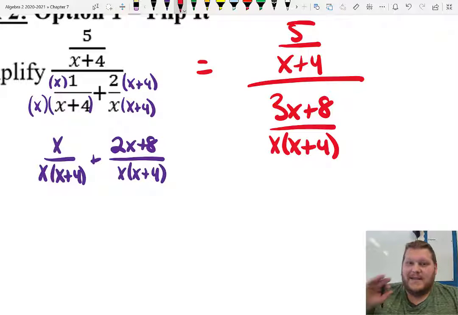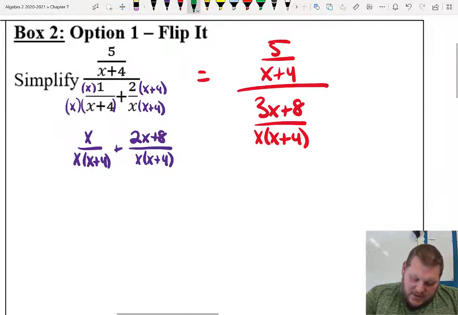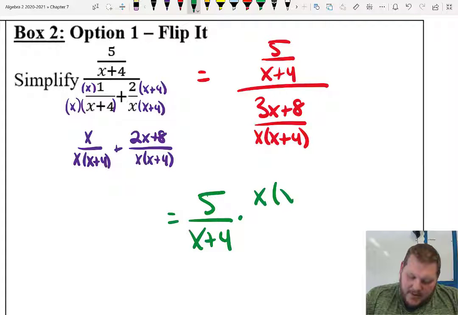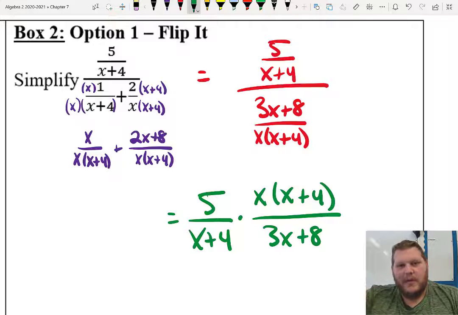So now that I have this as a single fraction over a single fraction, I can go ahead and flip and multiply. So now, when I change this, my top fraction does not change, 5 over x plus 4. But now this is getting multiplied. My denominator becomes my numerator, and my numerator becomes my denominator. So I'm flipping that bottom fraction up.